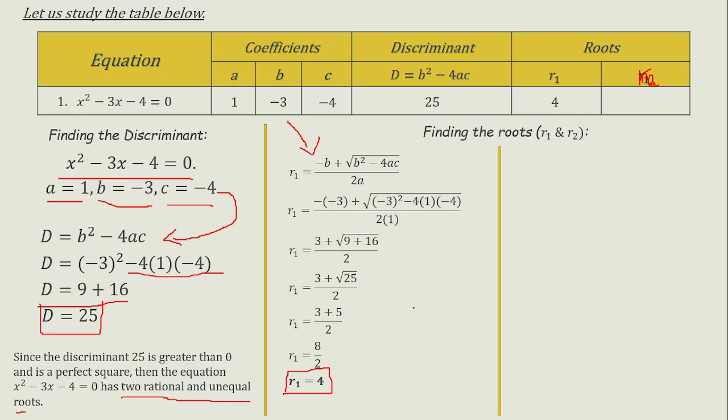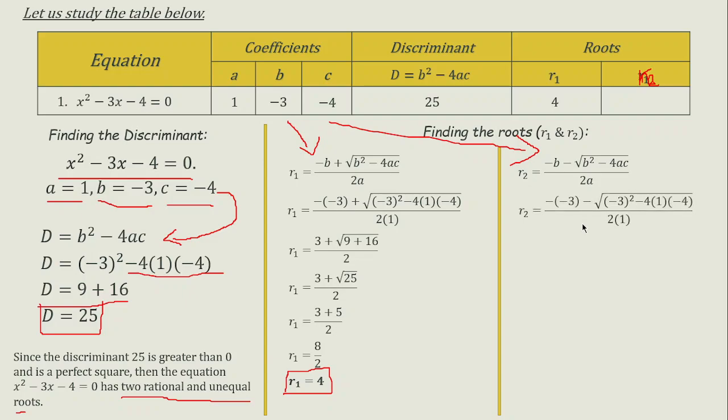Then after that, let's look for the root number 2. So root number 2 is equal to negative b minus the square root of b squared minus 4ac divided by 2a. And the same step, substitute the values of a, b, and c into the formula for finding the second root. So R2 is equal to negative times negative 3 minus the square root of negative 3 squared minus 4 times 1 times negative 4, divided by 2 times 1.